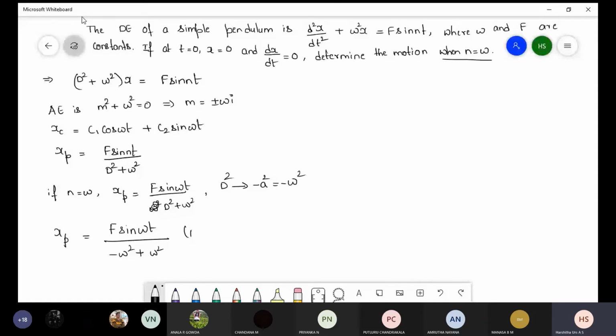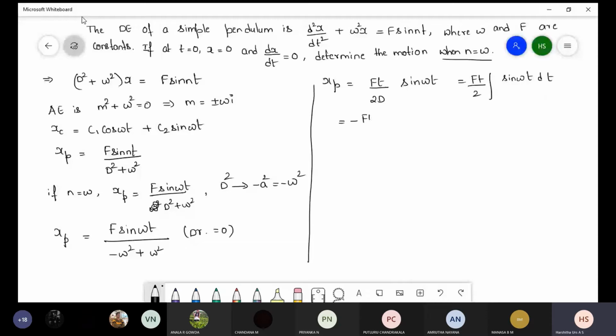In the next step, xp, here in terms of t we have to write. So f into t divided by the differentiation of D², which is 2D, into sin wt. So 1/D is the reciprocal, that is integration. So we write the integral of sin wt dt. So minus ft divided by 2 into the integration of sin wt, which is cos wt divided by w.